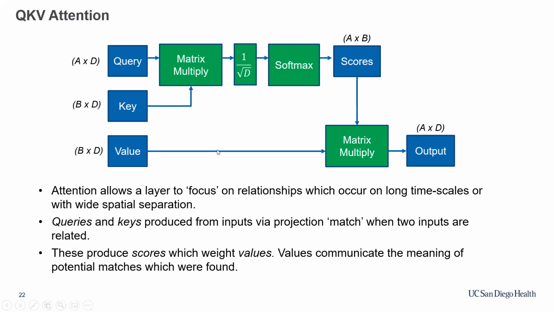Given these inputs, the query and the key are matrix multiplied, then scaled by the dimensionality of the input, then put through a softmax to produce a set of scores, which is this rectangular matrix over here. This represents the relevance between every query that's presented and every key that's presented. That is normalized by the softmax and used to scale the value inputs, which represent the meaning of the relevances which are detected, and that's used to create the final output for the attention mechanism.